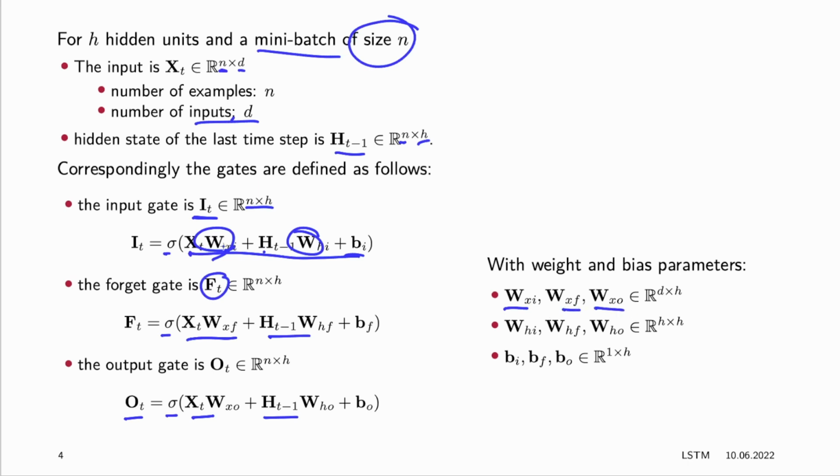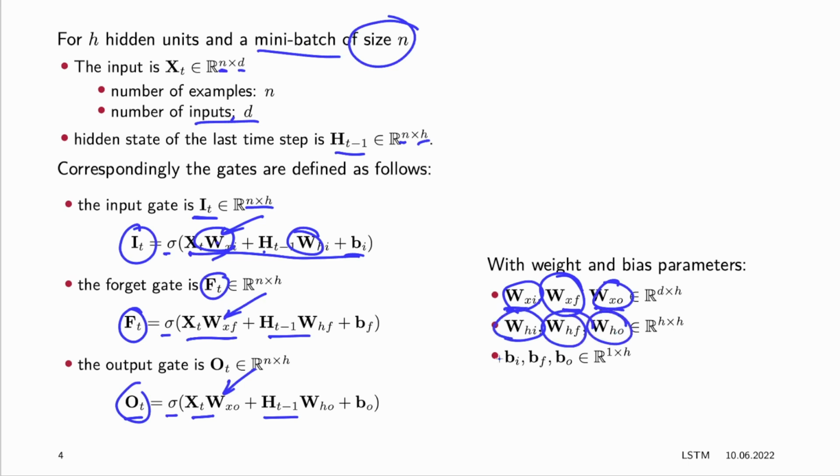These are the 3 weight matrices applied to the input to compute the input gate, the forget gate, and the output gate. We have Whi, Whf, and Who. Those are the 3 weight matrices that are applied to the hidden variable to compute the input gate, forget gate, and output gate, and the bias terms bi of the input gate, bf of the forget gate, and bo of the output gate.